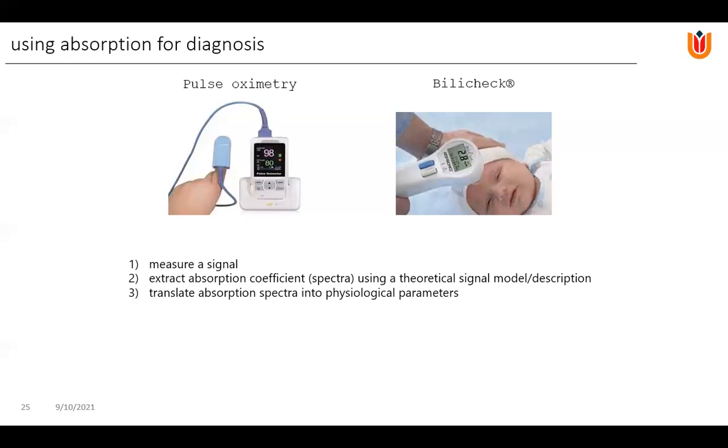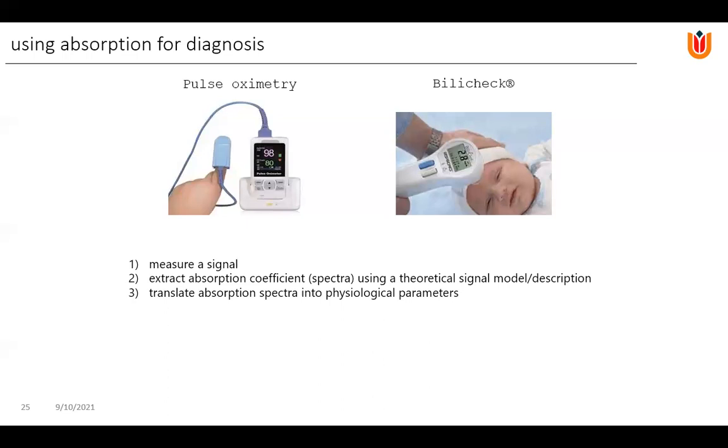Then that would ideally get us to a quantitative measurement of absorption coefficients, and the next step is to make it really clinically relevant: translate these absorption coefficients into something that is related to physiology, so that the doctor can actually do something.